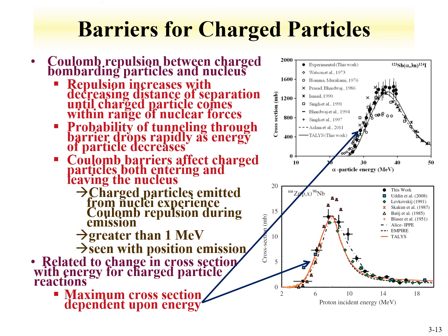In the case of this reaction here, the antimony with an alpha particle, 3N out, making iodine-124, an energy of around 35 MeV is a maximum, whereas for this reaction where we have a proton on natural zirconium making niobium-96, the maximum energy at the highest cross-section, which is only around, let's say, between 15 and 20 millibarns, is at 8 MeV.